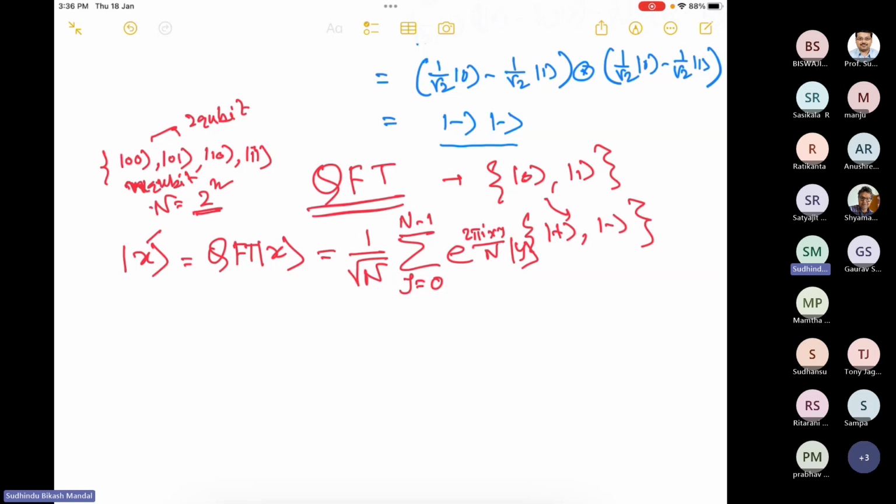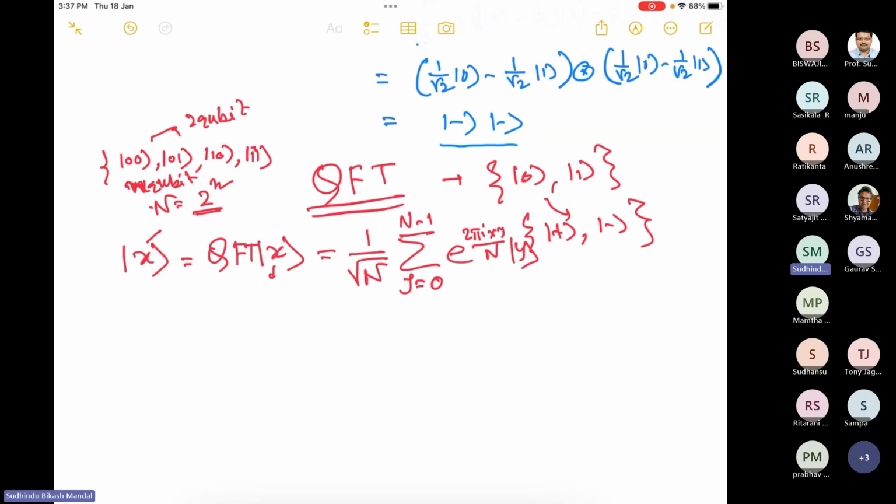This is the inverse Fourier transform in classical computing. So this is the expression for our QFT. If we apply QFT over this x state, it will transfer the state into this state. That means x is in a computational basis and it is transferred to the y state. This one is our Fourier basis state.